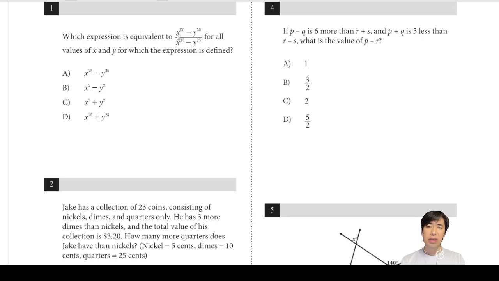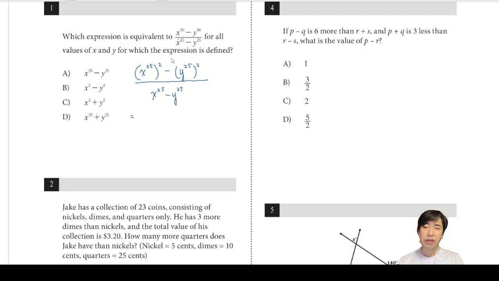It looks like it can be simply done by factoring the numerator and cancelling one of the factors with the denominator. So x to the 50th power can be rewritten as x to the 25th squared minus, and this can also be written as y to the 25th squared, over x to the 25th minus y to the 25th.